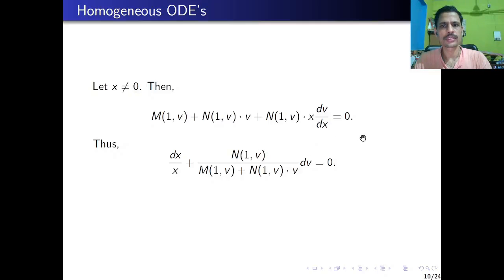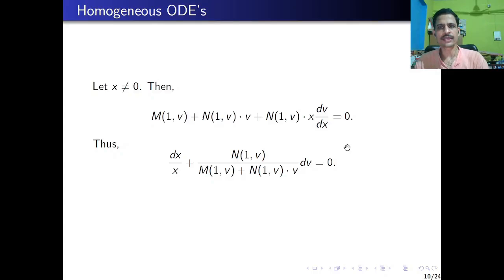So the given equation here, we can multiply by a suitable quantity and rearrange the terms so as to get all the terms related to the variable x together and all the terms related to the variable v together.